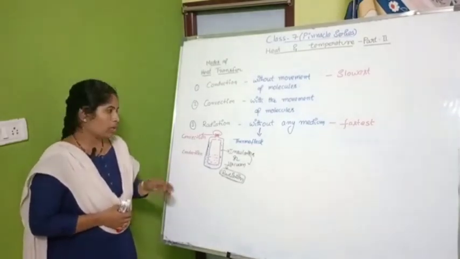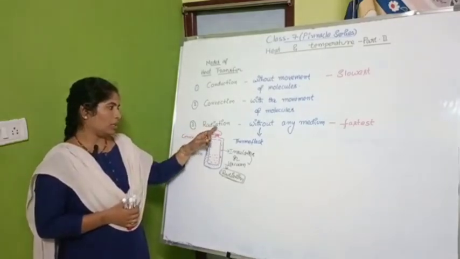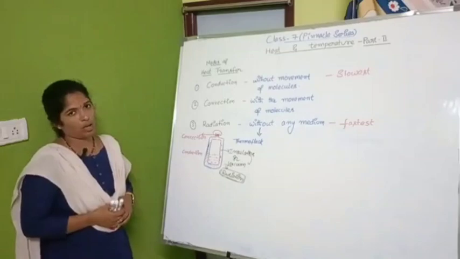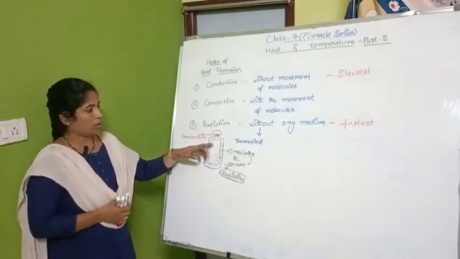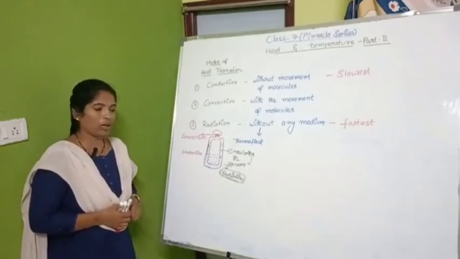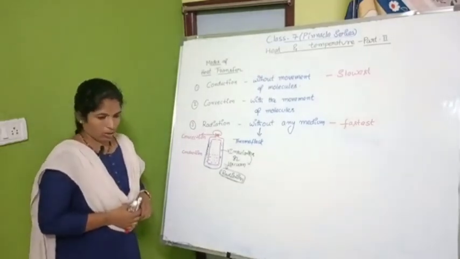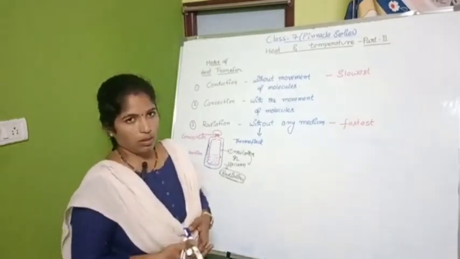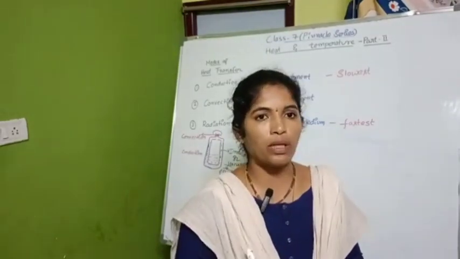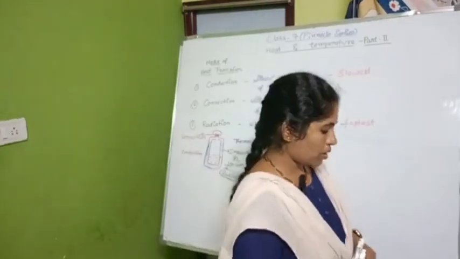Right? Now here, one application of radiation is the thermoflask. Thermoflask is an application of all three: conduction, convection and radiation, but not to increase the heat transfer, rather to decrease the heat transfer, to minimize the loss of heat energy.